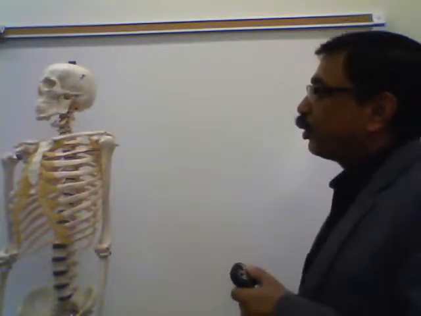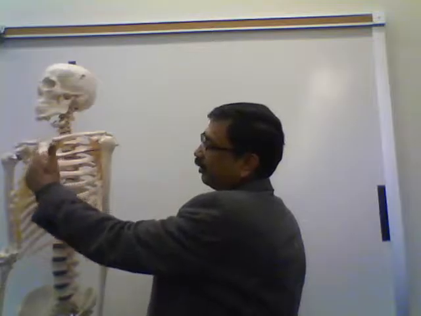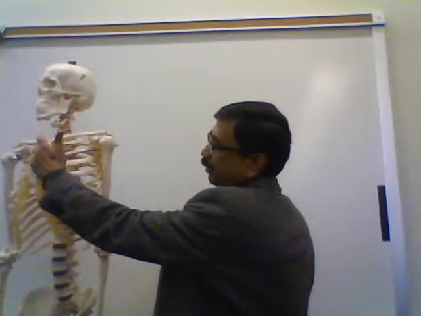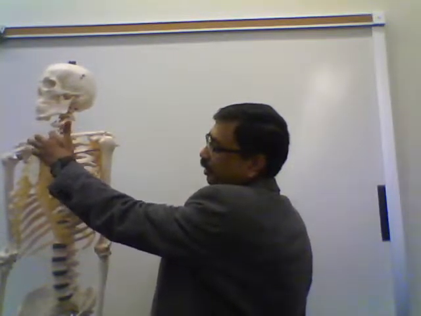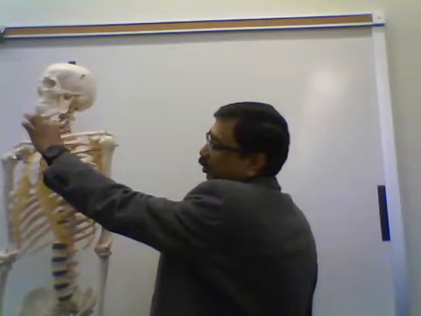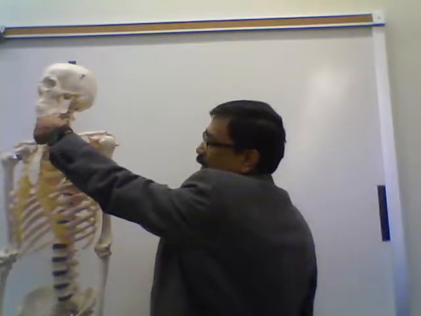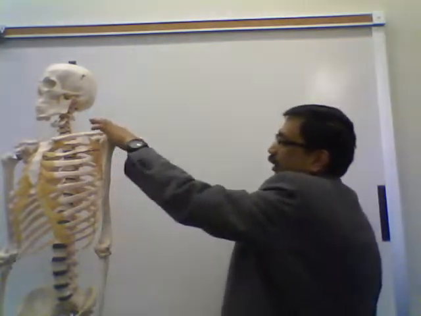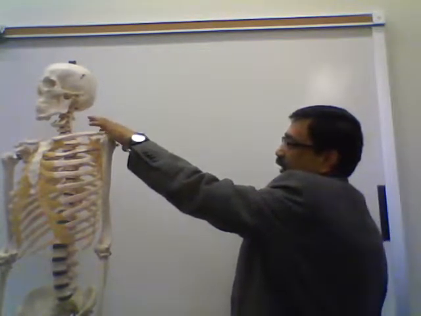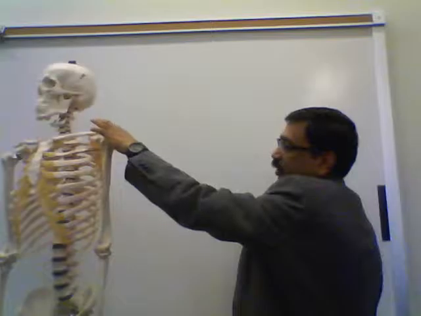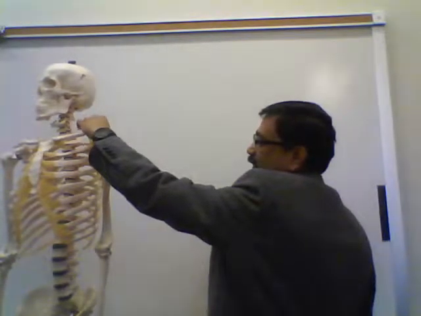This bone has two ends. The sternal end is attached to the sternum. So this is the sternal end, which is round. When you see the bone, make sure you see that round end. The acromial end is attached to the acromion of the scapula, and this end is flat.